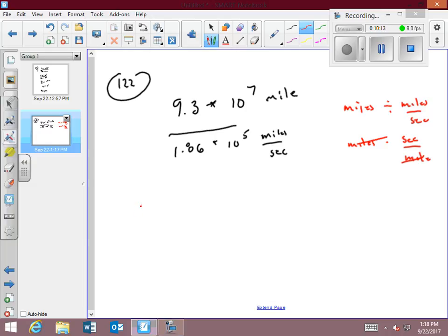So now if we put 9.3 divided by 1.86, then we go times 10 to the what? 7 minus 5, right?